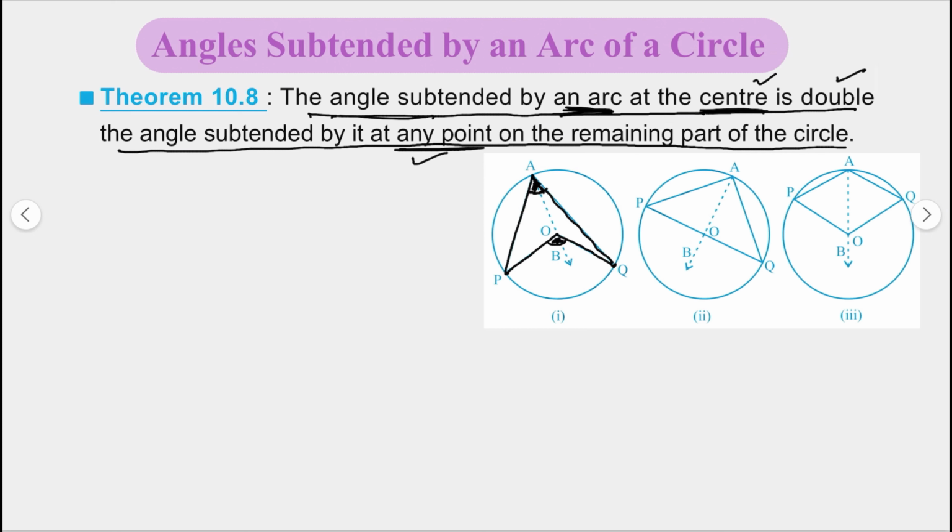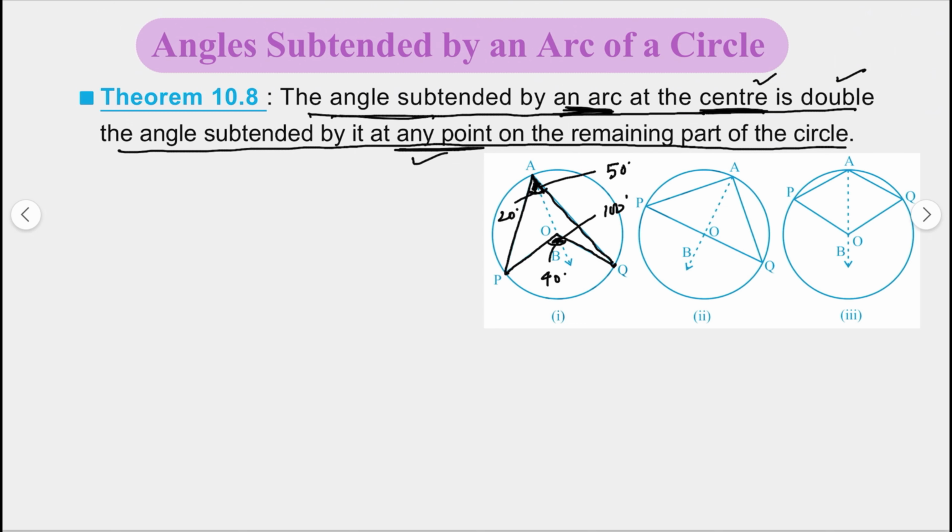If this angle is 50 degrees, then this angle will be 100 degrees. If this angle is 40, then the angle in the remaining part will be its half, that is 20 degrees. So whenever an arc makes two angles, one at the center and one on the remaining part of the circle, the angle at the center is double the other.